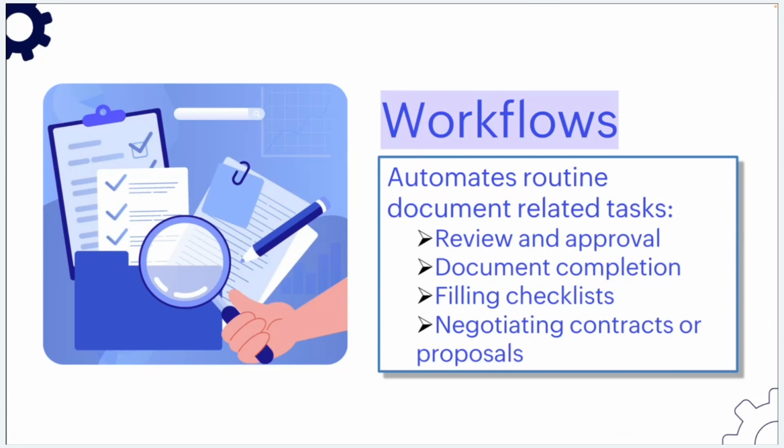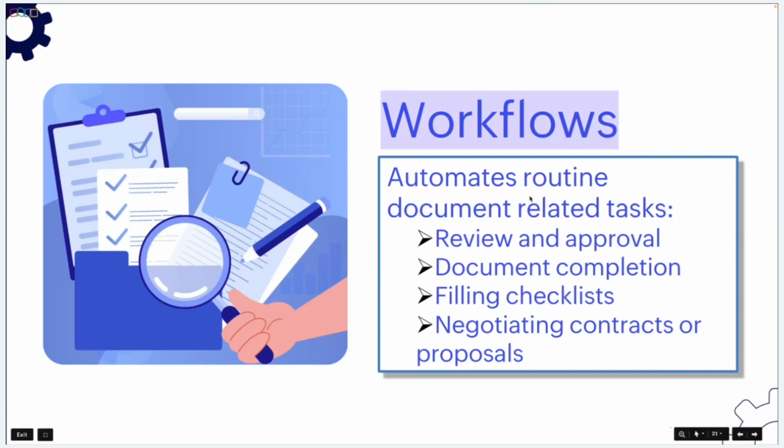In order to approve these sales documents, they might be using various tools. And not only that, in order to negotiate contracts, if there is any negotiation happening, you might be using various tools.